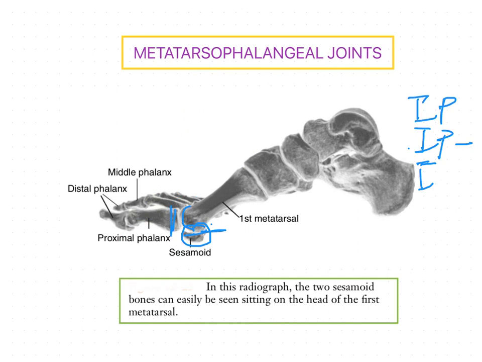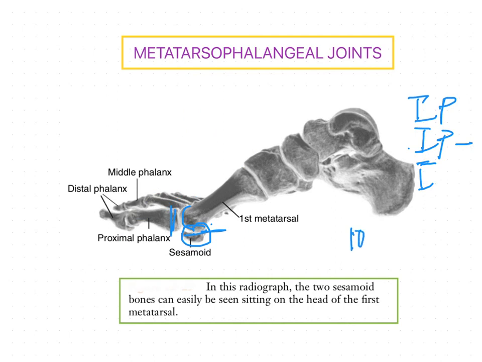This is the same as the sesamoid bones on the volar surface of the metacarpophalangeal joint. In the neutral position of the first metatarsophalangeal joint, the sesamoid bones normally lie in the groove.